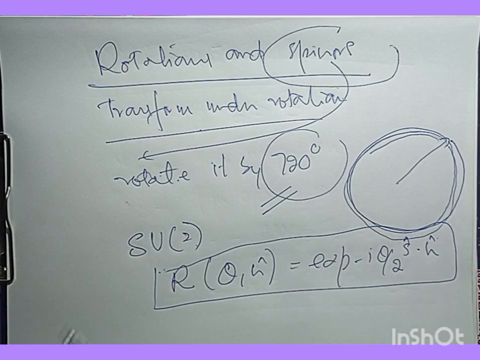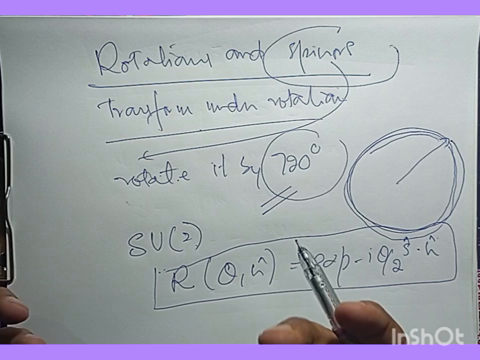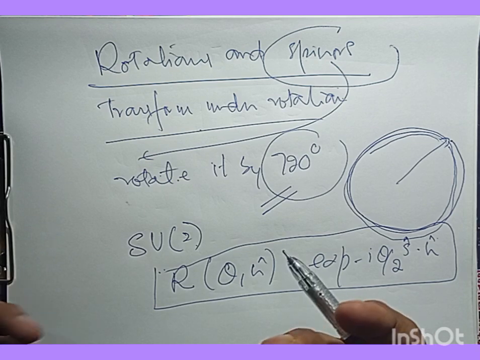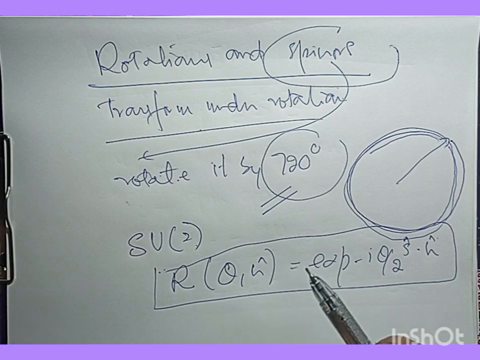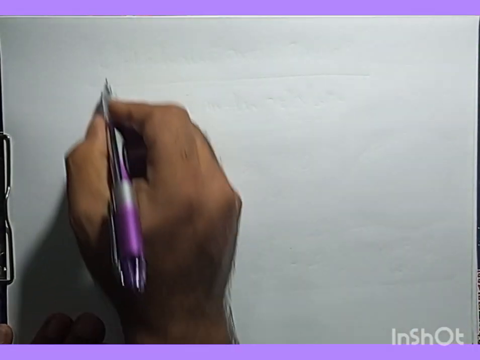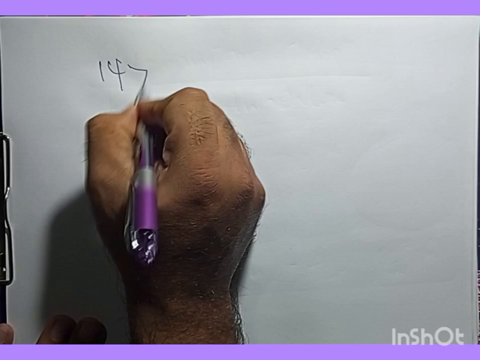What are the possible outcomes of measuring this spin projection along the z-axis, and what's the probability of each outcome if the electron is initially in some superposition state? So let's go on with that, and let's define a state psi.